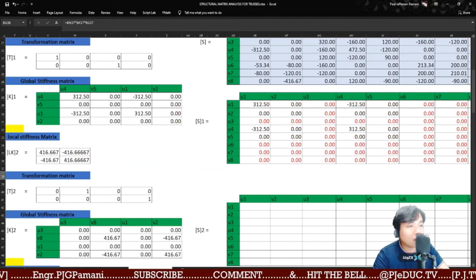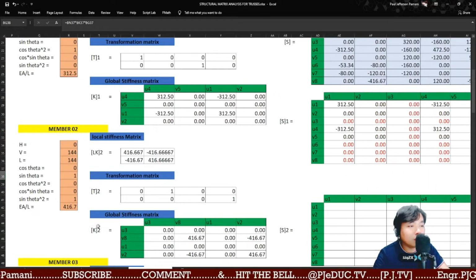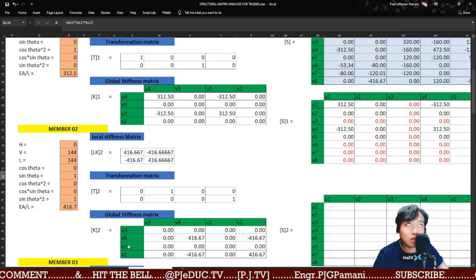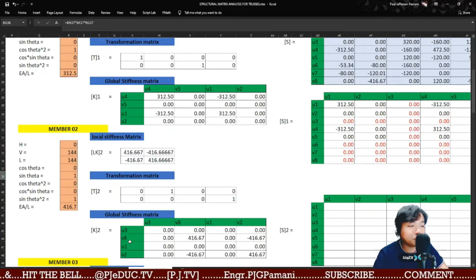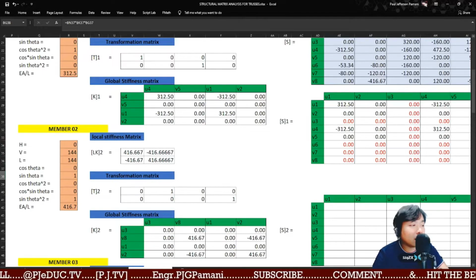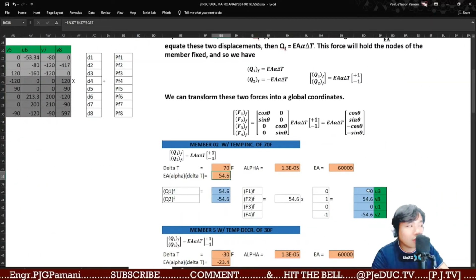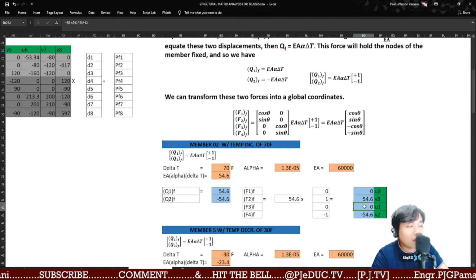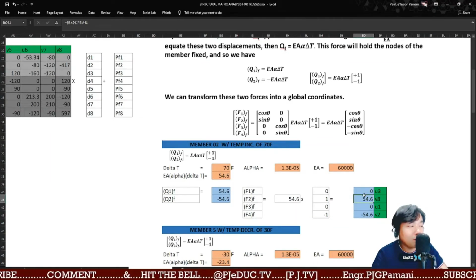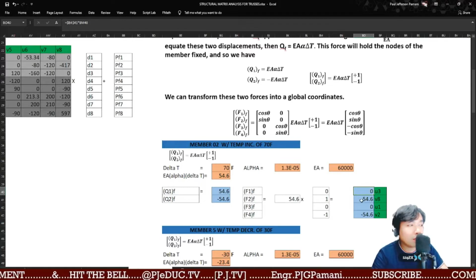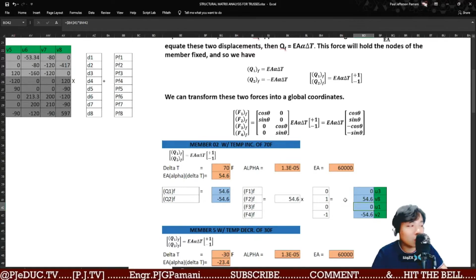Nandito yan. Near far node. That is U3, V8, which is node 4 to node 2. Then U1 and V2. So yan na yung ating global coordinate system due to increase in temperature of 70 degree Fahrenheit for member 2. Forces on X and Y axis lang yan.